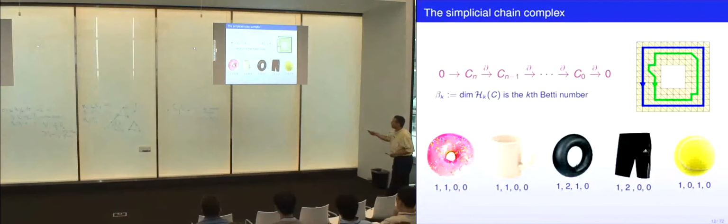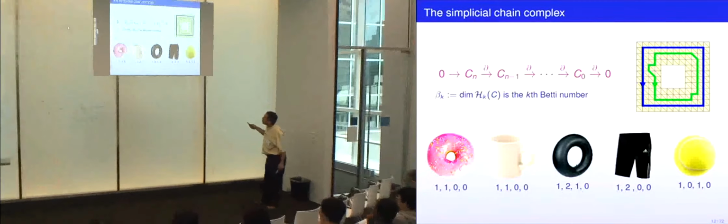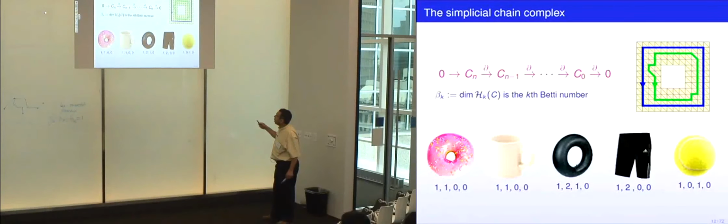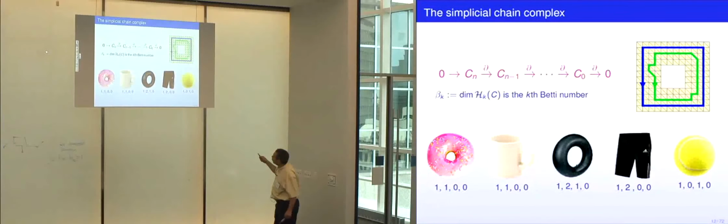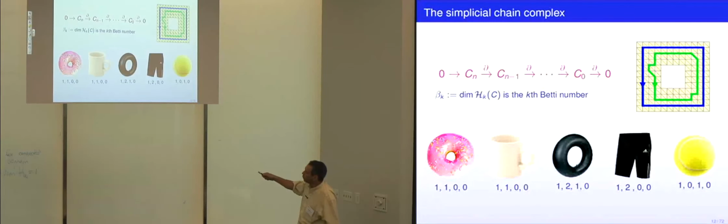So the 0th Betti number is the number of connected components, and it has some topological information. The first Betti number is the number of cycles of one dimension that are not boundaries. We saw that as the number of holes. A donut is connected, so the 0th Betti number is 1, and it has one hole, so the first Betti number is also 1.